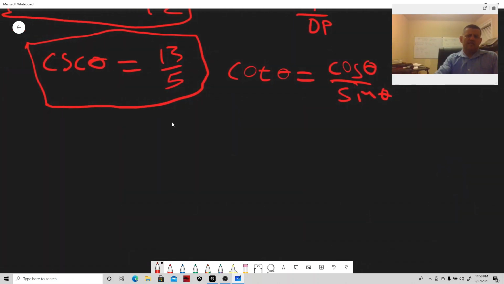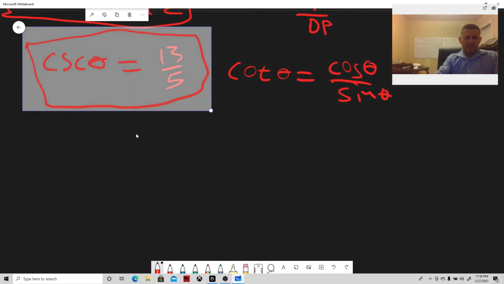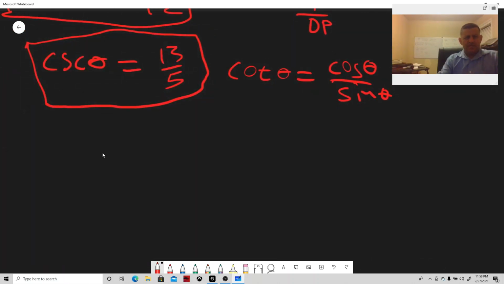Okay, so let's do the last one. Cotangent of theta equal to what?